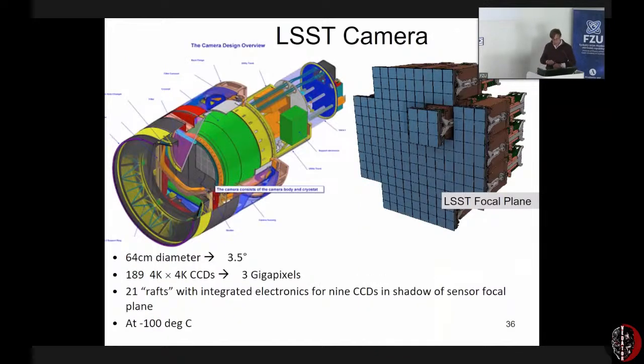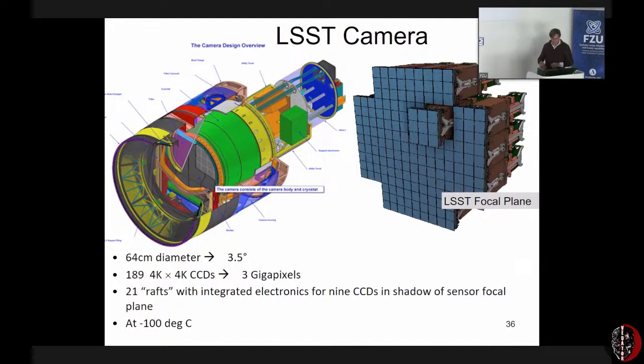That shows the camera and the focal plane. I'll talk more about the modules in the focal plane, but for the camera itself, it's probably better to tell more by looking at the photographs. The focal plane has 21 rafts.